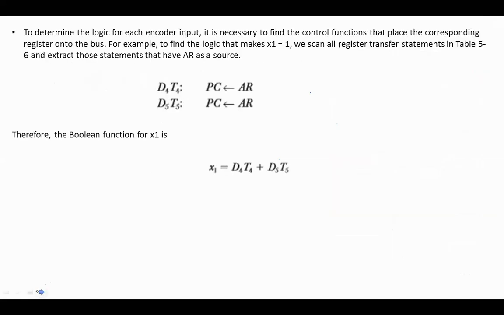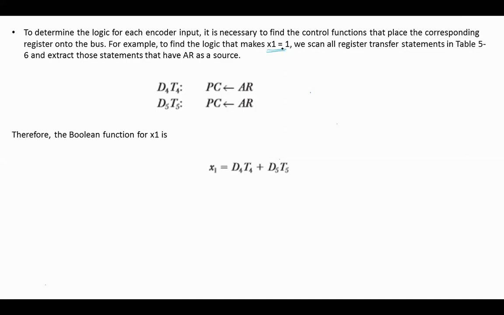To determine the logic of each encoder input, it is necessary to find the control functions that place the corresponding register onto the bus. For example, to find the logic that makes X1 equal 1, we scan all register transfer statements in the table and extract those statements that have AR as source.